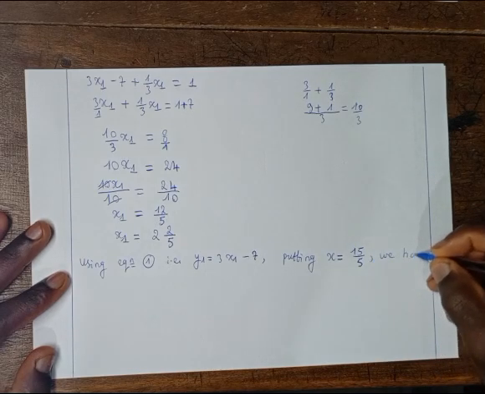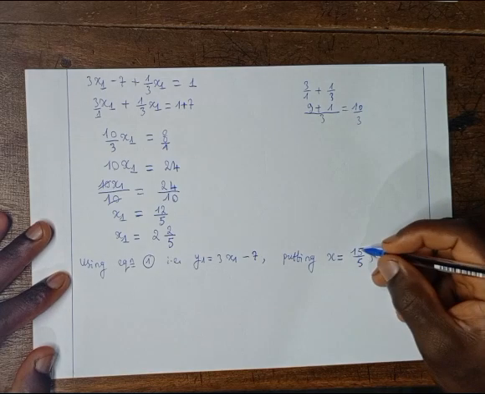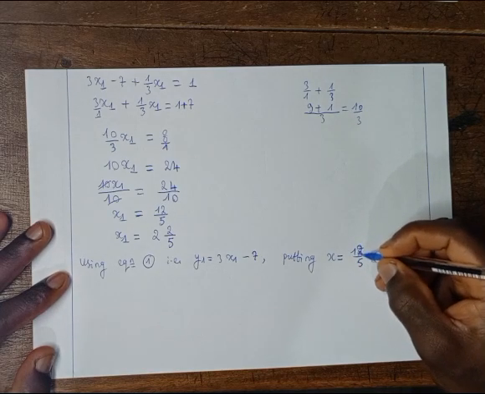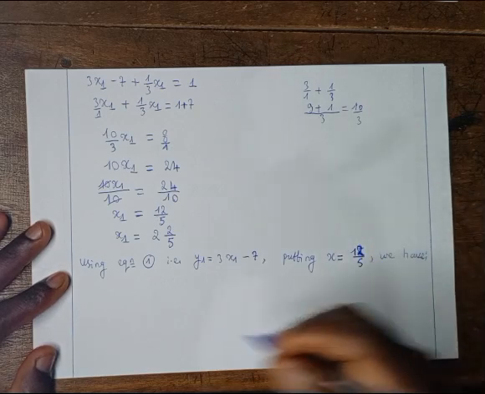Anywhere we see x, we have to replace x with 12 over 5. It is 12, not 15.